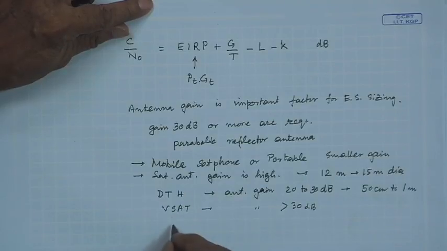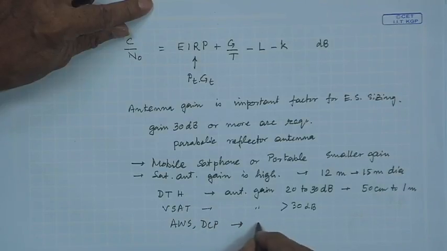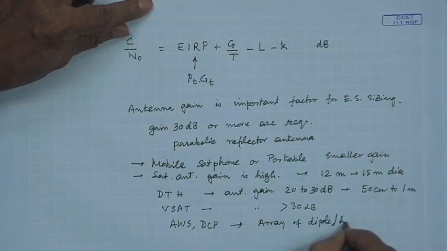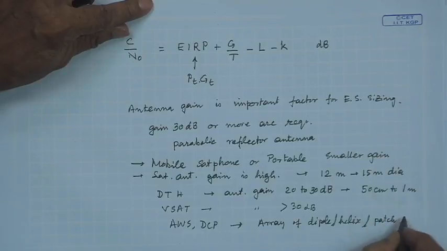Of course, there are other antennas which are used by AWS and DCP. They do not use a parabola, they use an array of dipoles or helix or sometimes microstrip patch array.